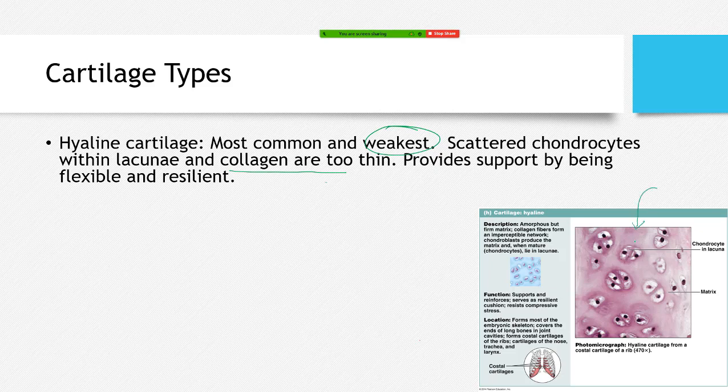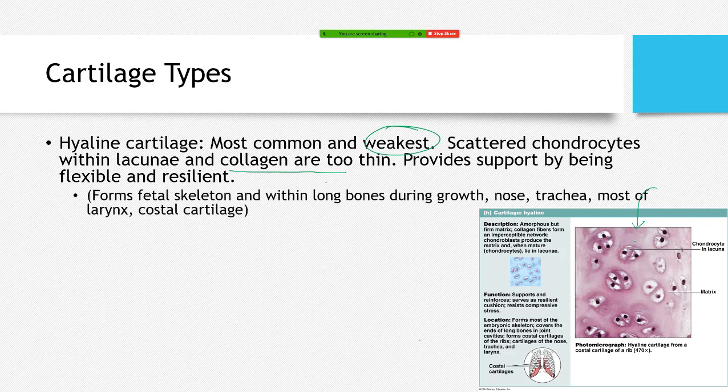If you take a look at it, do you see any collagen fibers by just looking at it like this? No, right? There are collagen fibers in there, but they're so thin that we don't actually see it in this histological slide of it. Okay, and the function of it is to provide support, to also be flexible, at the same time being resilient.